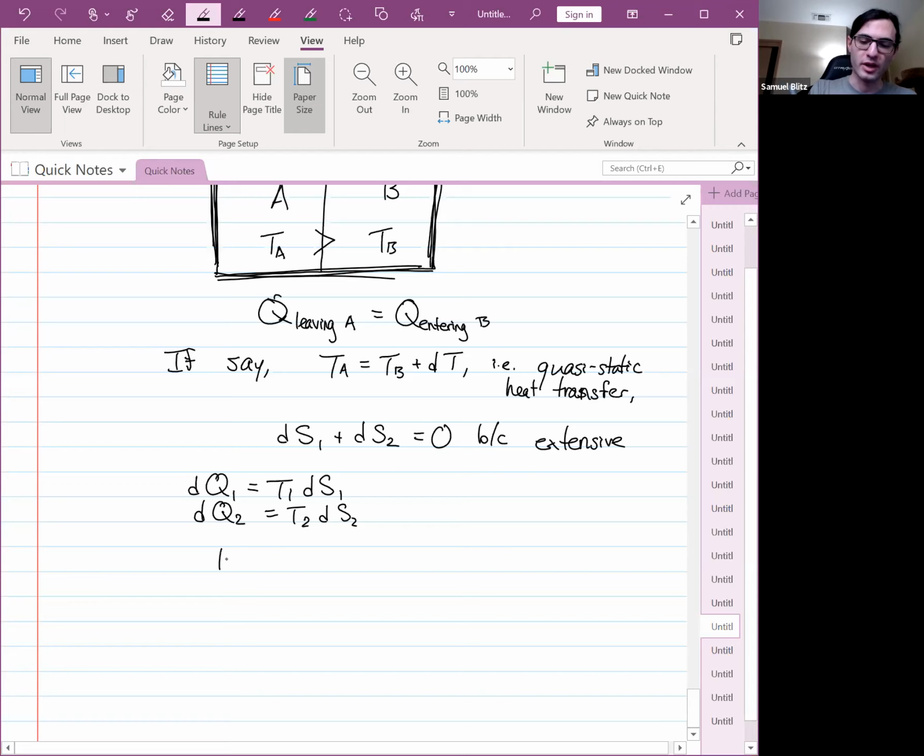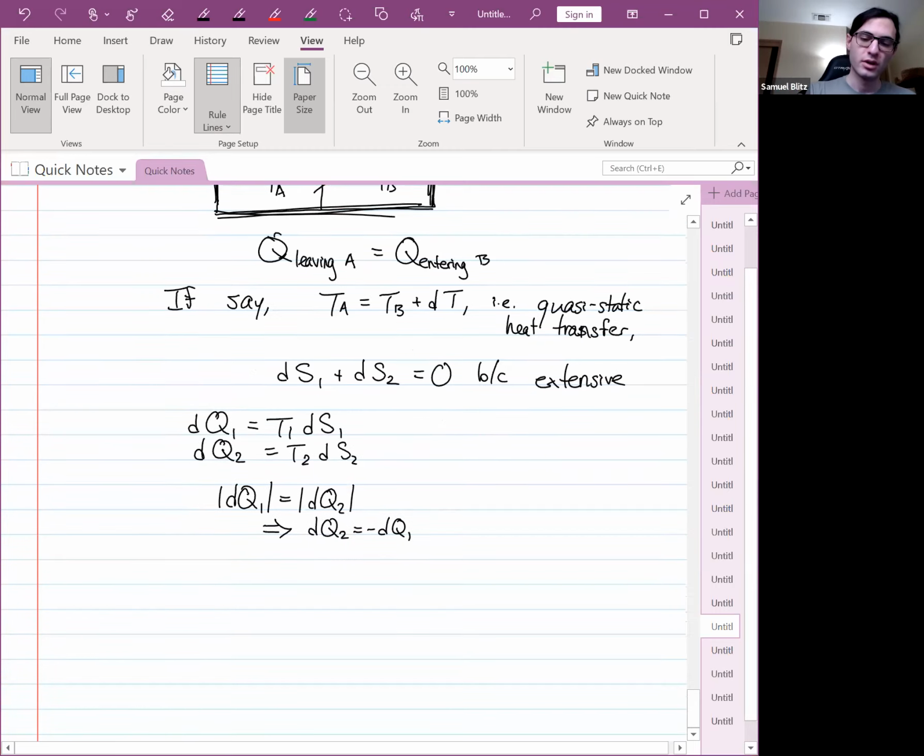So we also know that the absolute value of dQ1 should be equal to the absolute value of dQ2, which implies just that dQ2 is equal to negative dQ1. Okay, so we can actually relate the changes in entropy. So dS1 should be equal to dQ1 divided by T1 plus dT, right? We're assuming that there's an infinitesimal temperature difference.